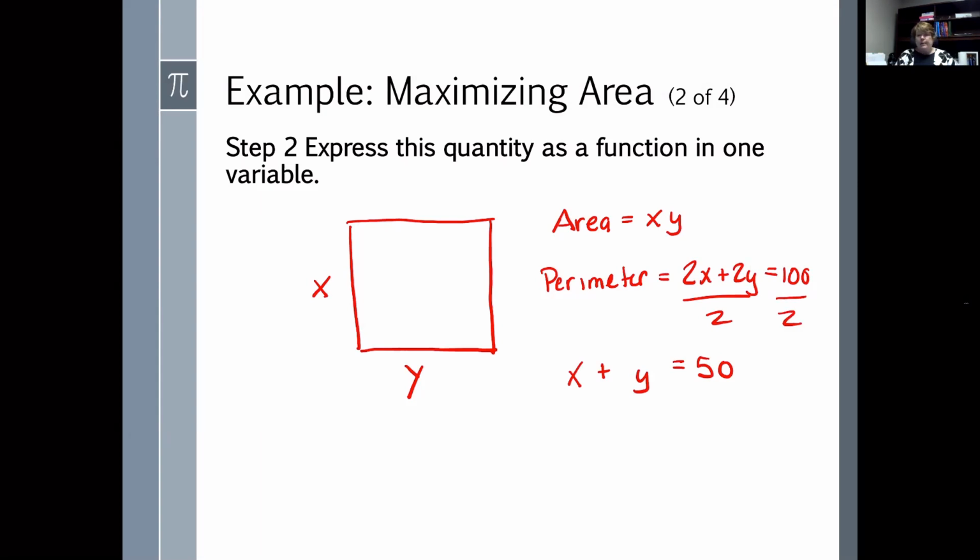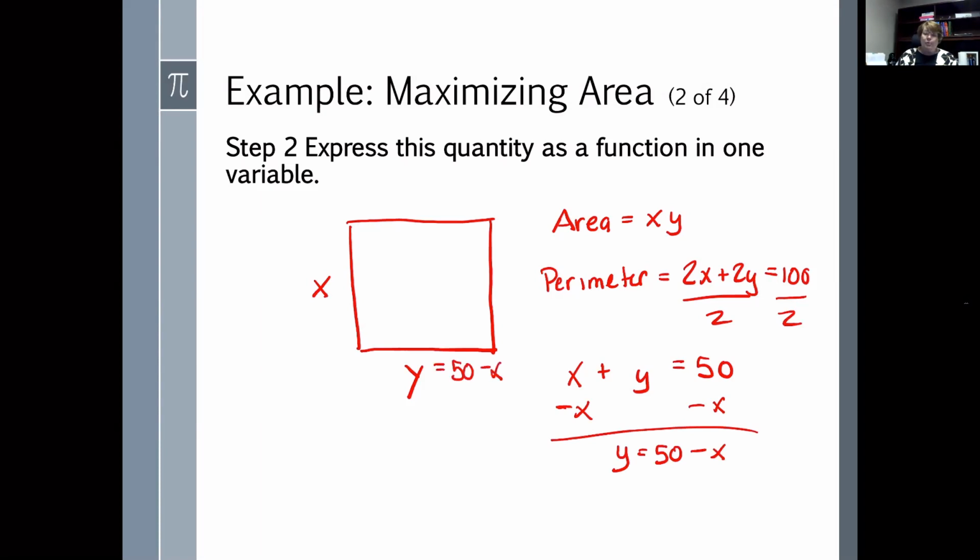Okay, so now I know the perimeter is x plus y equals 50, and the area is xy. So now I can write the area in terms of one of my variables. If I take the perimeter equation and subtract the x from both sides, y is 50 minus x.